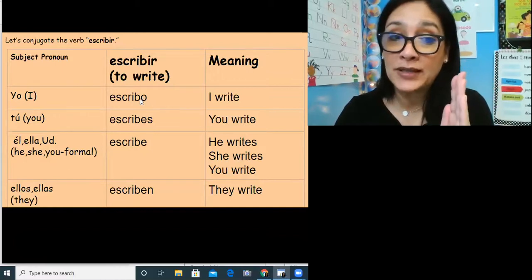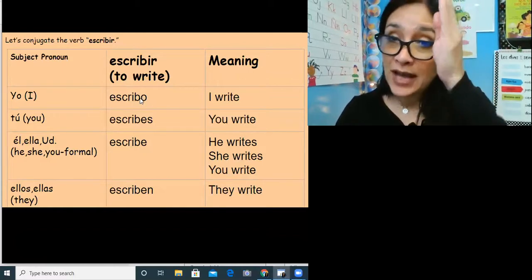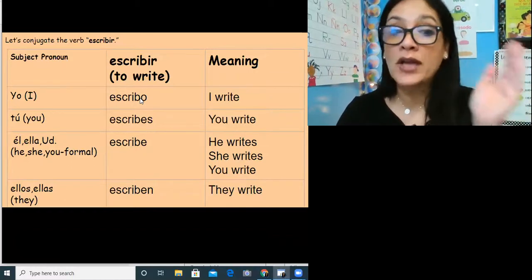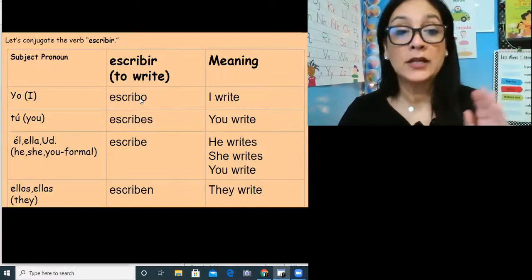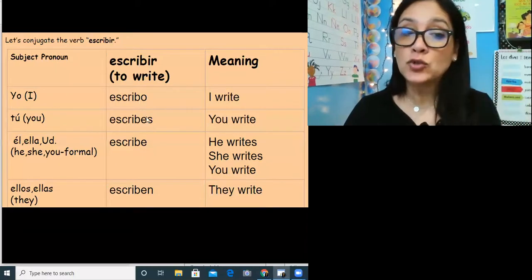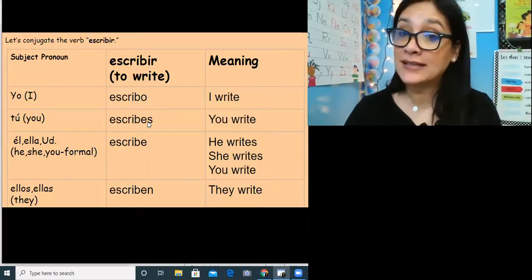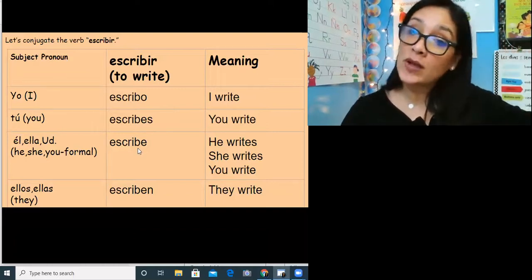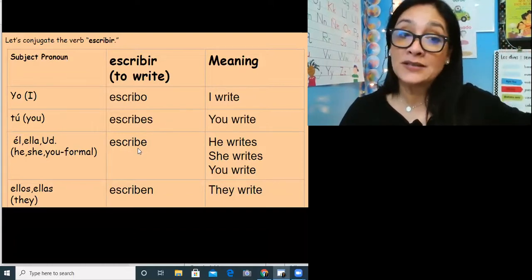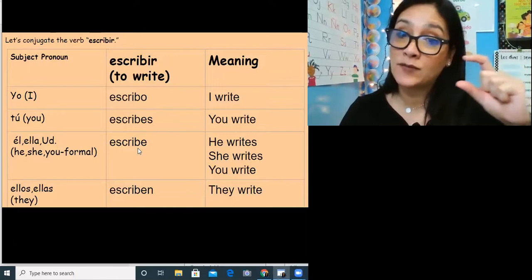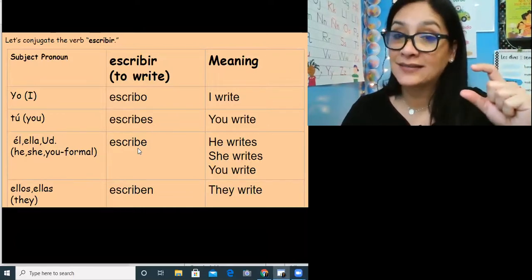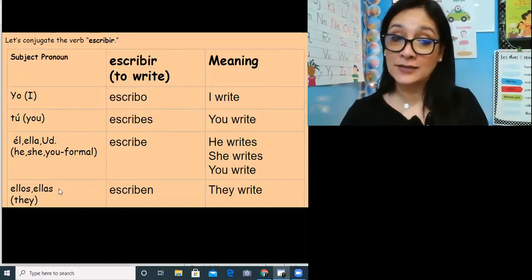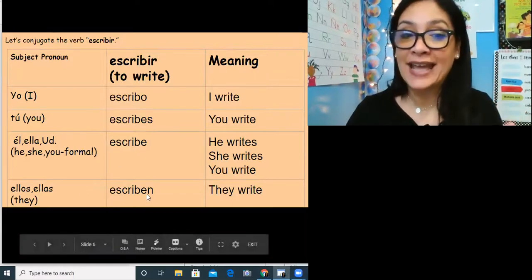We stopped at B, and we took off the IR ending and added our new ending, the O. Yo escribo. To say you write, tú escribes. Now it ends in an ES. For él, ella, and usted, the reason why they're all in the same line is because they all use that same ending of the verb. It's just an E. Escribe. And then for ellos and ellas, we add the en, escriben.